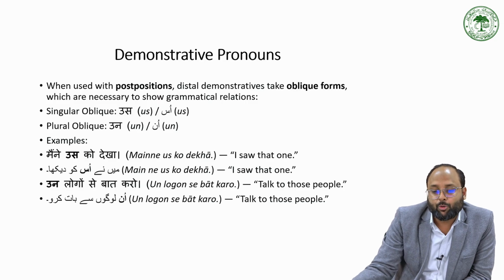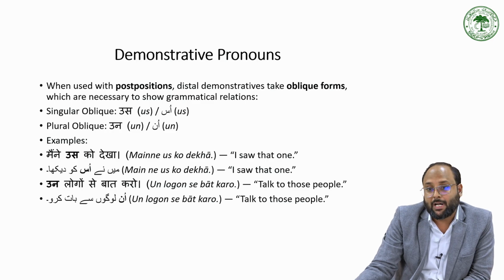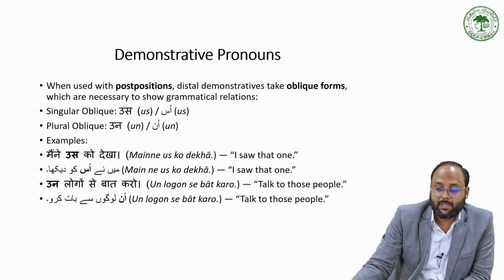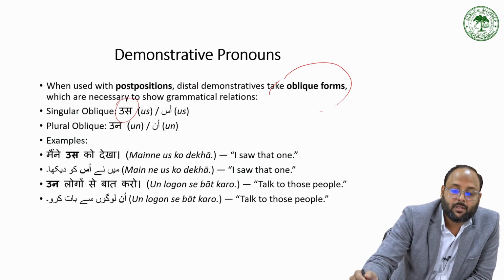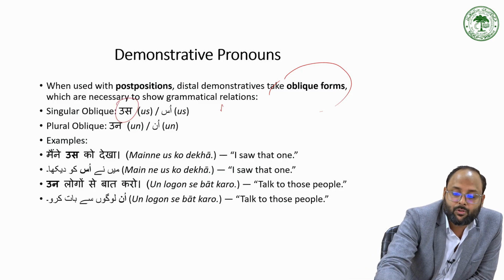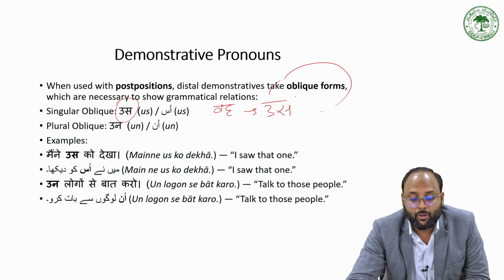And the same thing applies with postpositions: when a postposition is used after this distal demonstrative, it takes the oblique form. Like वो changes into उस for the oblique form: वो अच्छा है और उसको किताब दे दो.